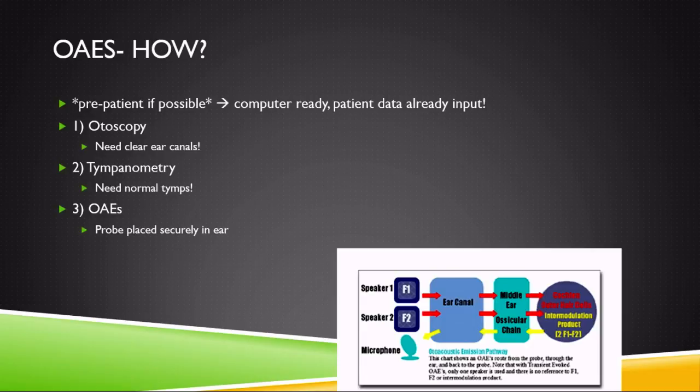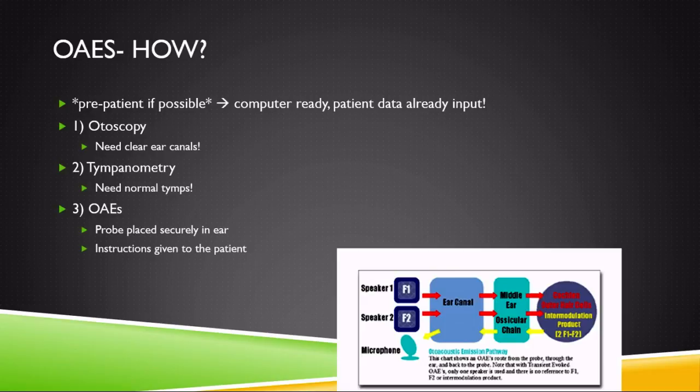For the OAEs to be measured, the probe needs to be placed securely in the ear. There's no pressure change, so it doesn't need a completely airtight seal, but it needs to be placed securely. If you can hear a lot of the OAE sound, the probe is probably not secure.